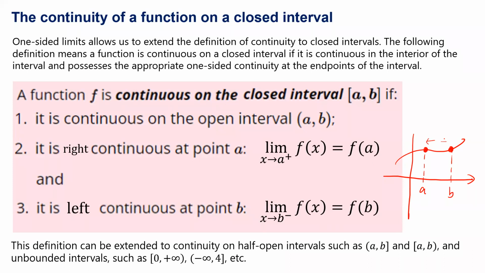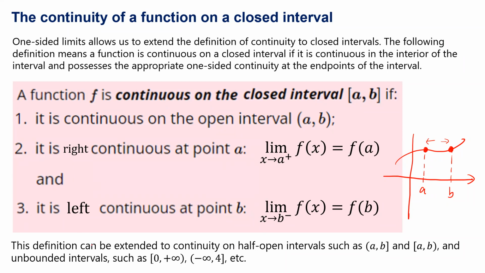And when x approaches B from the left side, the limit of this function equals the image of this function at point B, right? Therefore, we say this function is right continuous at point A and left continuous at point B. Therefore, we say this function is continuous in the closed interval from A to B. Understand?